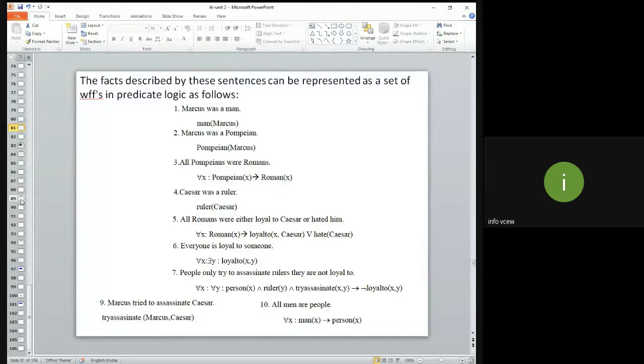All Romans were either loyal to Caesar or hated him. Then everyone is loyal to someone. People only try to assassinate rulers they are not loyal to. The next statement is Marcus tried to assassinate Caesar. All men are people. This is the set of statements.